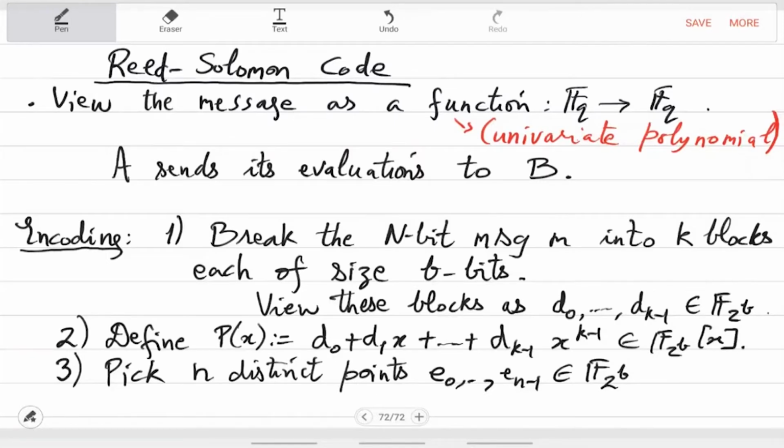So obviously when I say that, it is meant that n has to be less than or equal to 2 raised to b. So we have 3 parameters already. We have b, which determines k, and b should be such that 2 raised to b should be more than n. The finite field should be big enough. So you pick enough points E0 to En minus 1 in the finite field, and then evaluate the function and send the values.